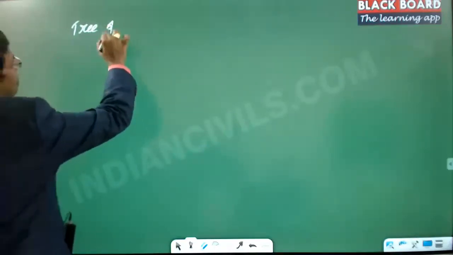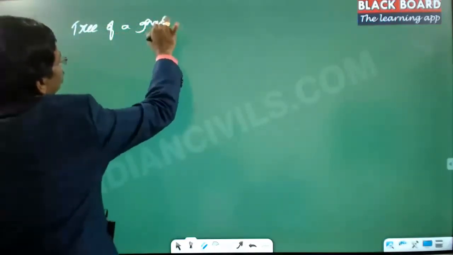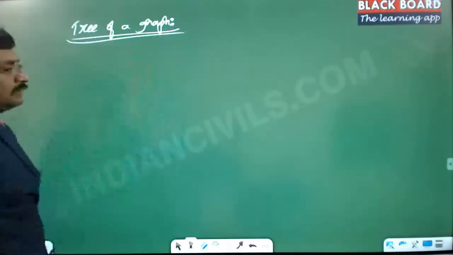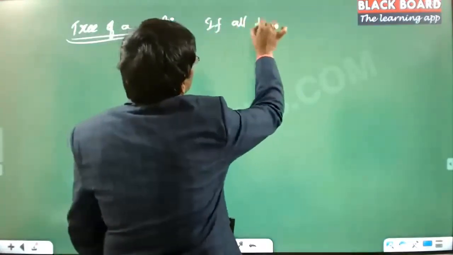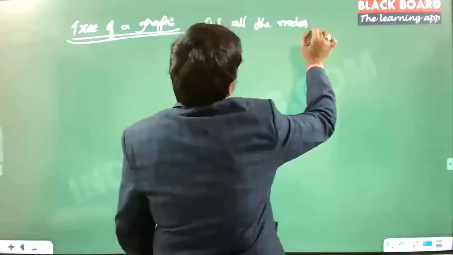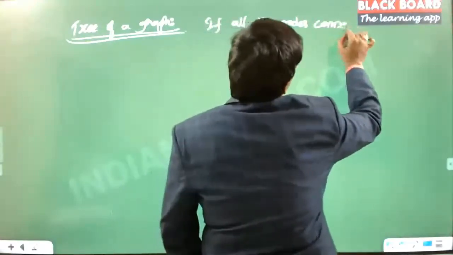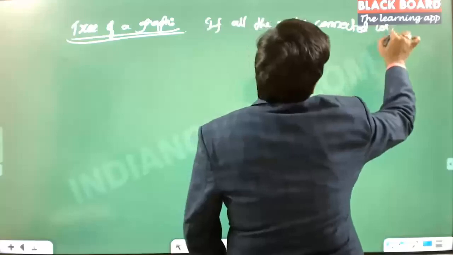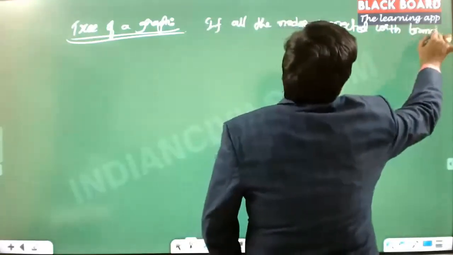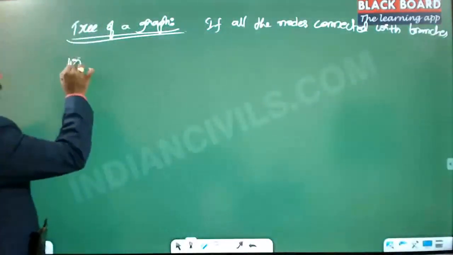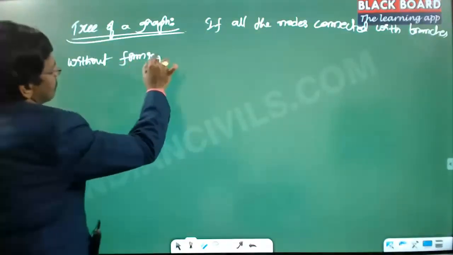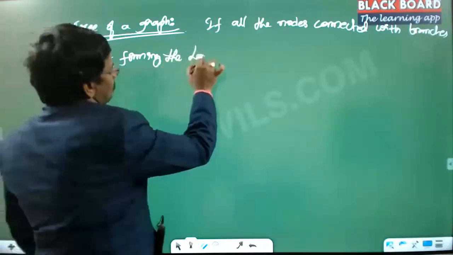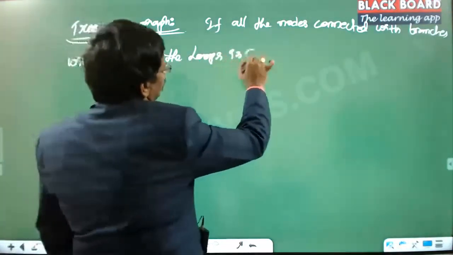And so, the tree of a graph. This is an important concept. The tree of a graph means that if all the nodes are connected with branches without forming loops, it is called a tree.